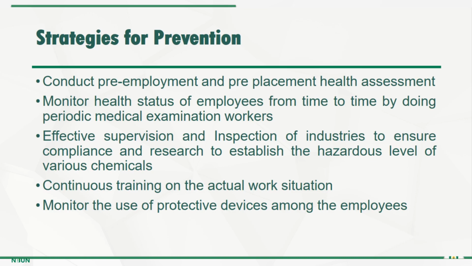Do effective supervision and inspection of industries to ensure compliance and research to establish the hazardous level of various chemicals. Continuous training on the actual work situation, and lastly, monitor the use of protective devices among the employees.